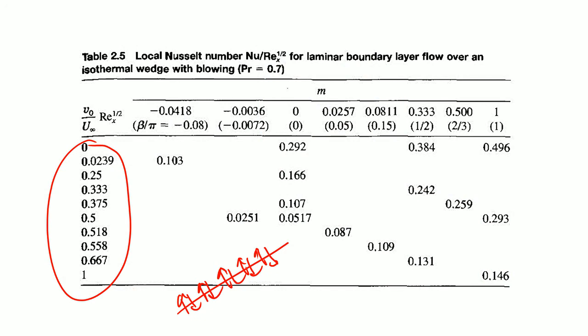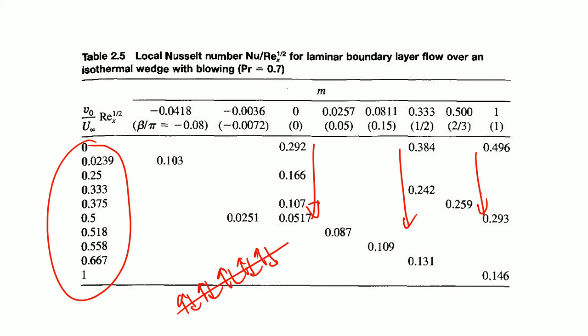Once again, if you look at the class of the data, you will see that obviously they also make sense, because here you can see this actually decreases, for the same reason, because your blowing is increasing. For any given condition, you take any m in this particular series, you will find that it is going down.